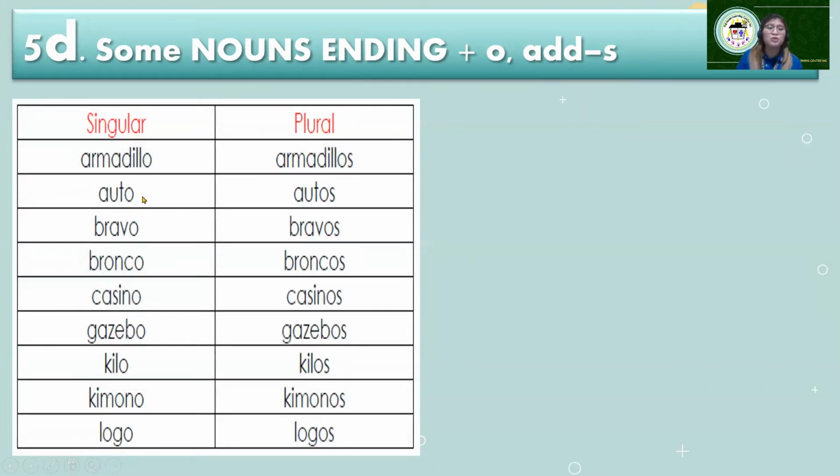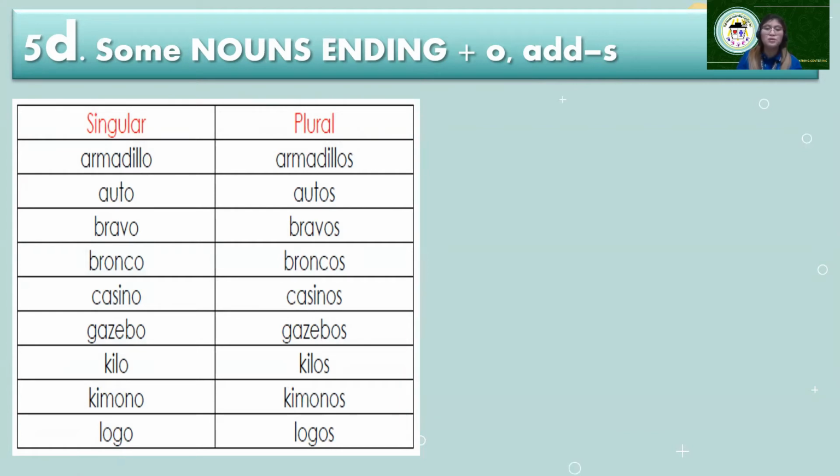Okay? Such words as armadillo, auto or cars, bravo. So if you have many clubs, bravos. Bronco, casino, gazebo is like the one that you can use for resorts. It's a bigger place wherein you can hold events. That's a gazebo. Kilo, kimono is a Japanese costume for girls, most especially.